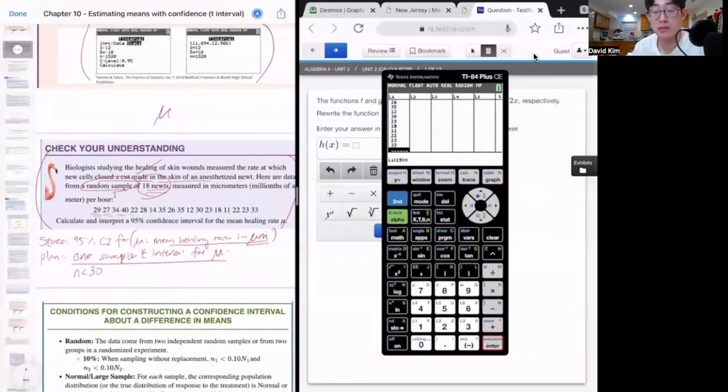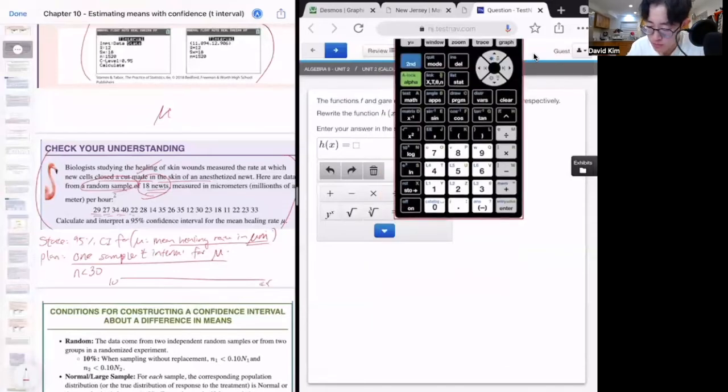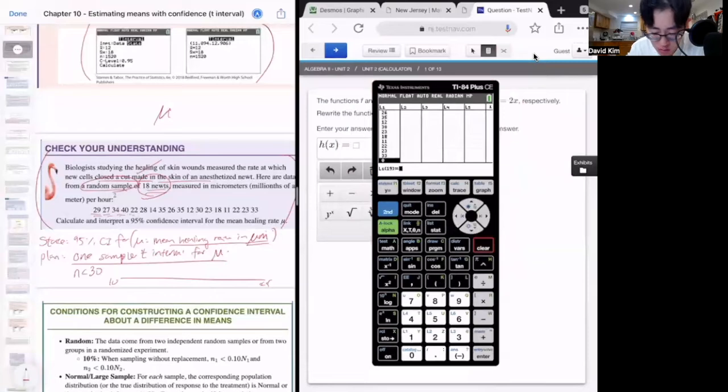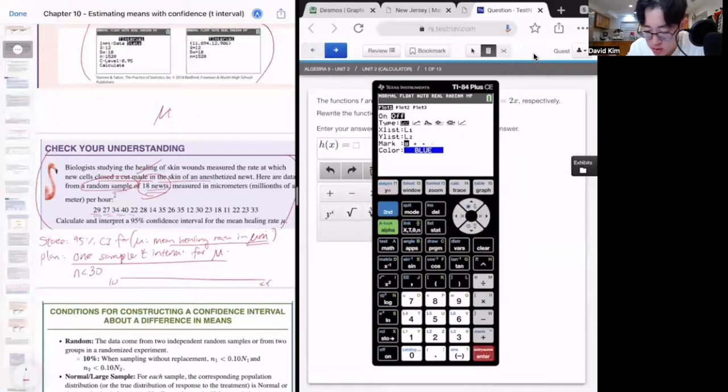So we're going to actually have to do a little bit of a dot plot there. We can do from 10 to, I believe, maybe about 40-ish. 40 is the last one, so 45. And we can do stat plot. So if I just go to stat plot, and then I can try to make this into a dot plot.